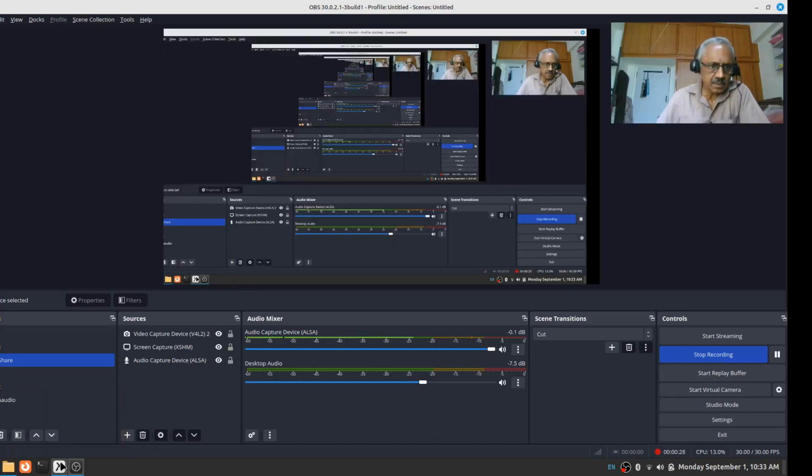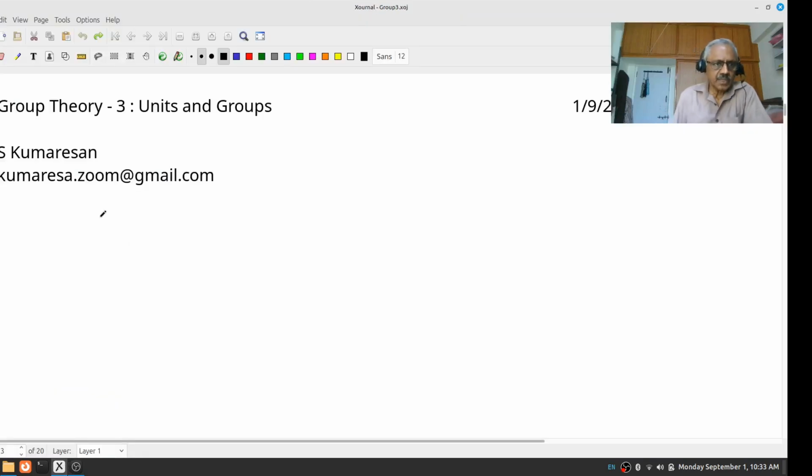Okay, so let G be a monoid. What does it mean?